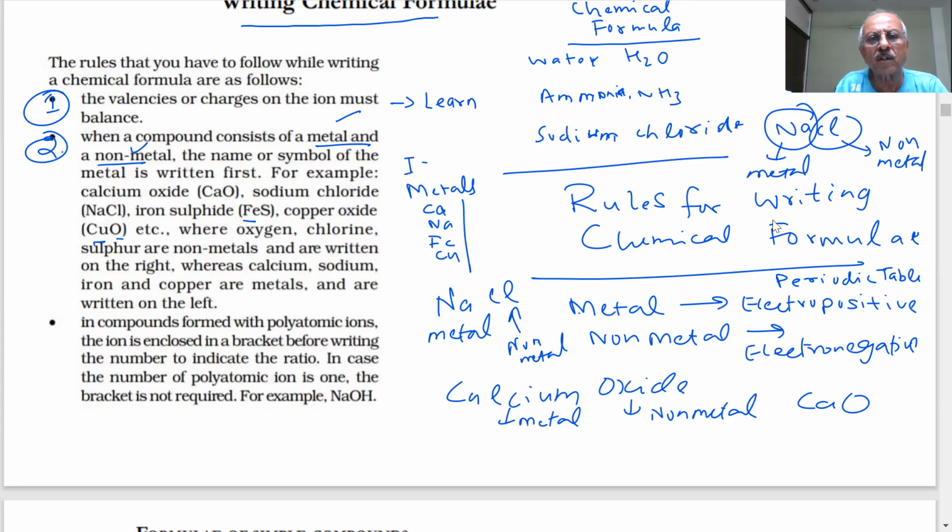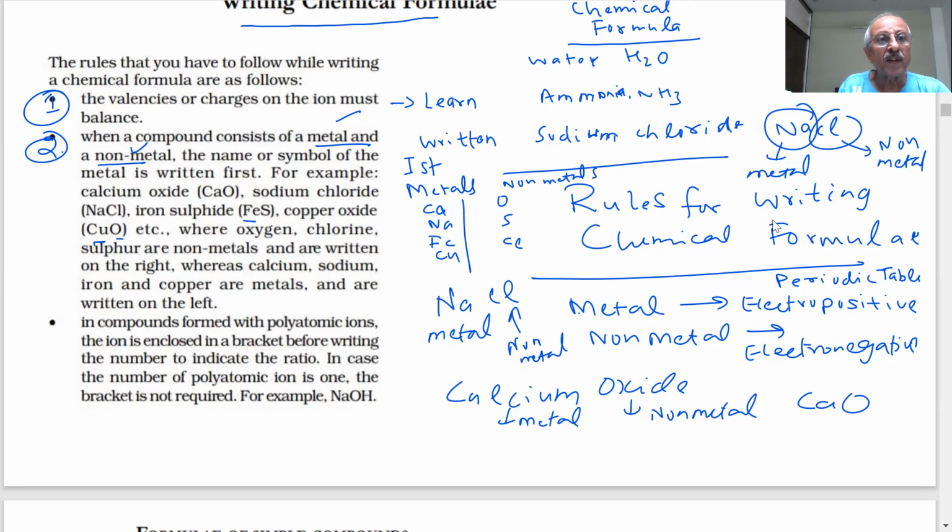First. And oxygen, chlorine, sulfur are non-metals, student. They will be written second. Is it okay? Rules should be learned before I do the problems. Learn the rules clearly. All right.